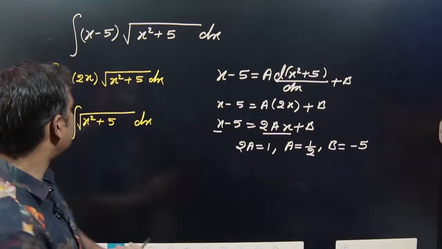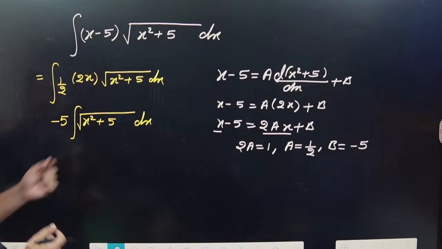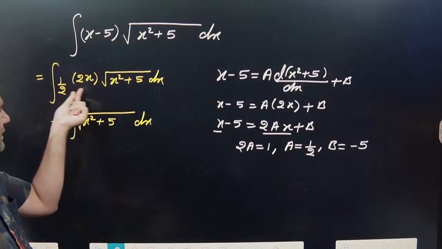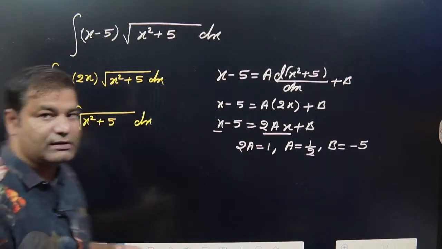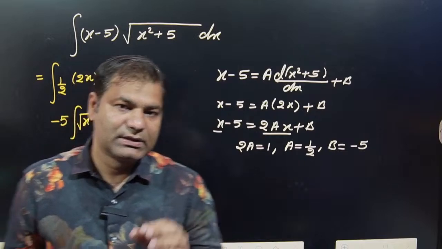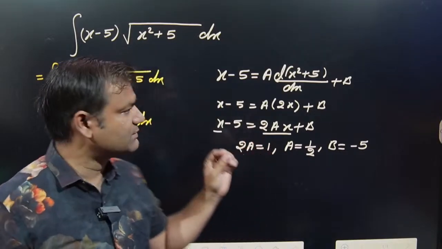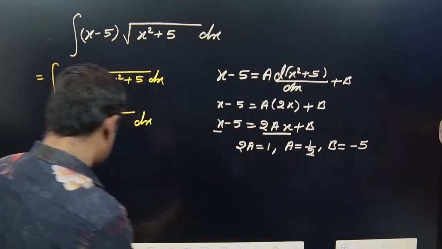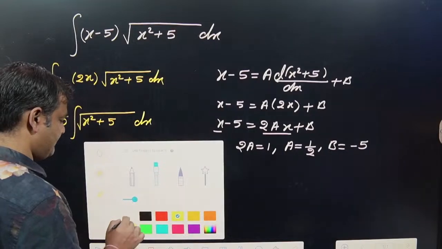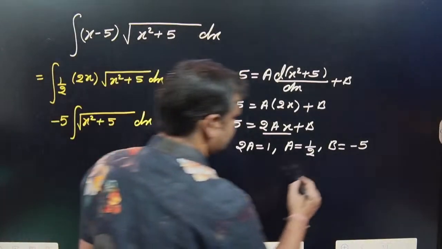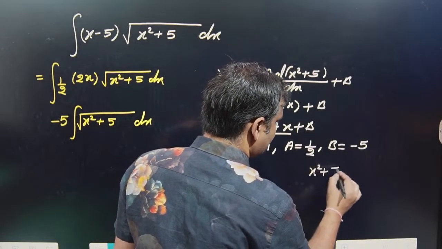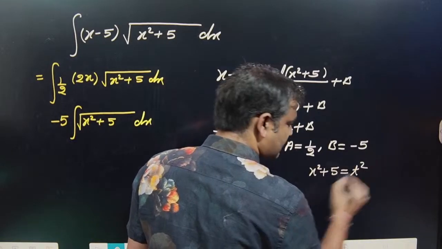After that look here: if this one is t, then what is that value? Simply dt. If anyone faces any doubt why dt, take this very carefully: x square plus 5 is equal to t square.